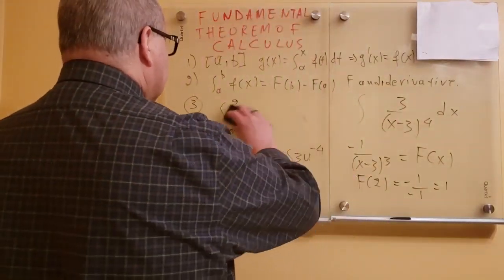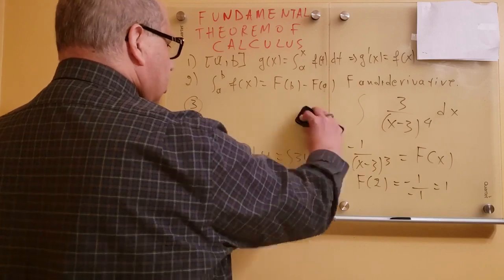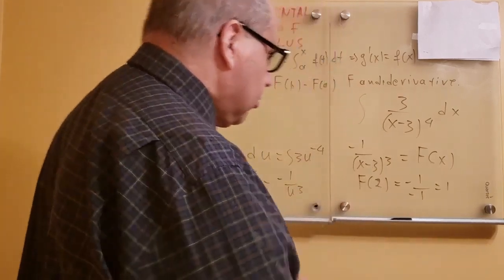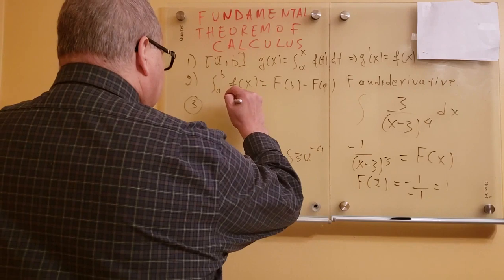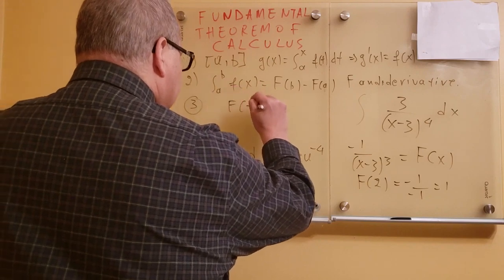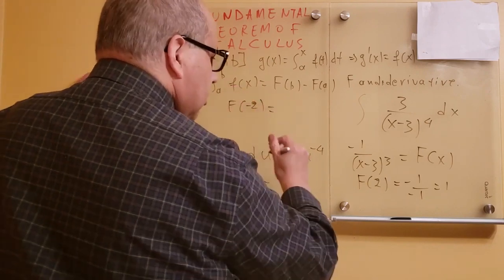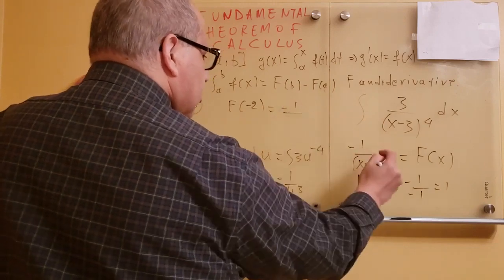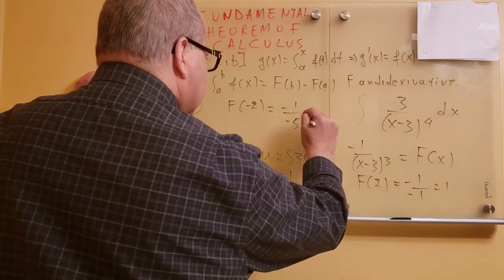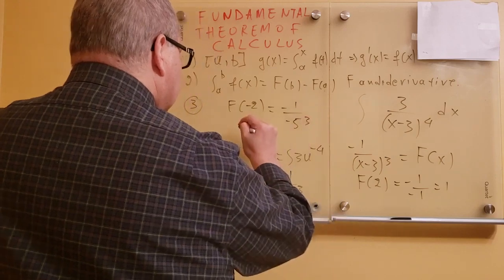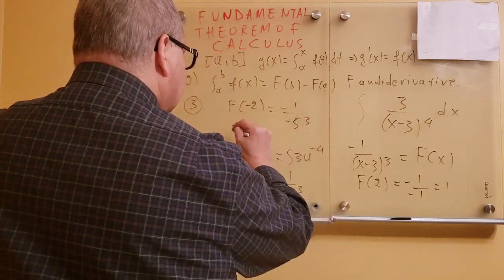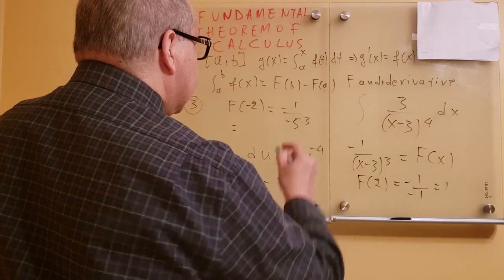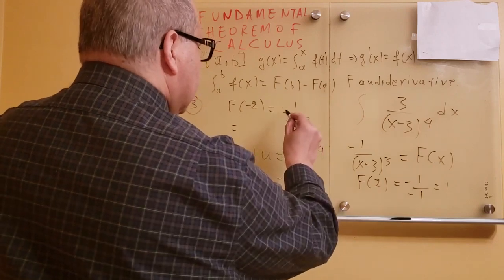And then you evaluate it at the point minus 2, which is the lower limit. That should give you capital F at minus 2, which equals minus 1 over (minus 2 minus 3), so that's minus 5 to the third.